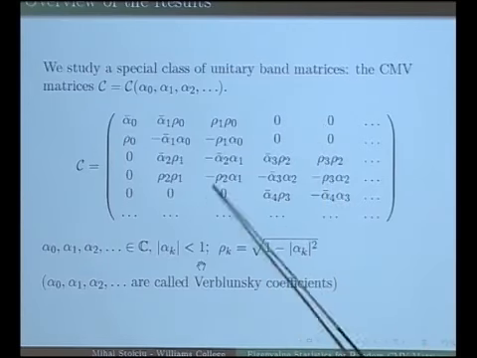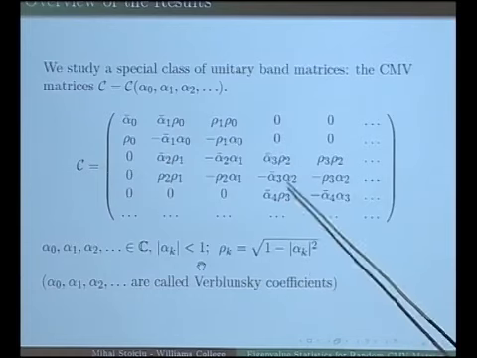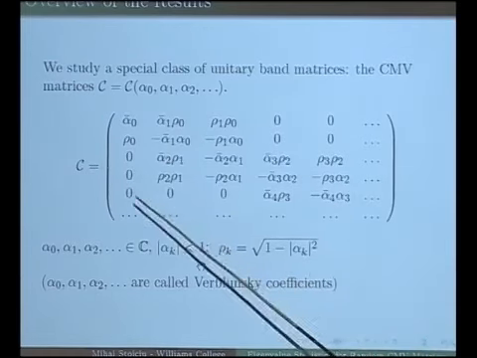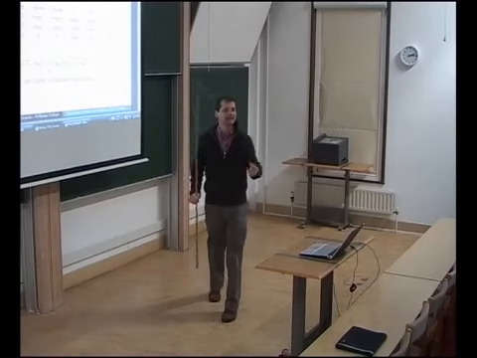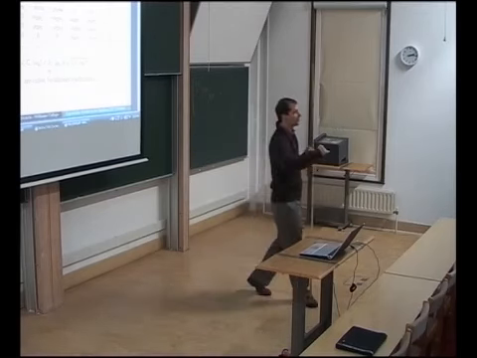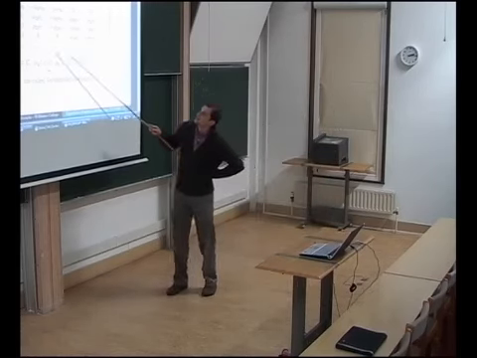With unitary matrices, there's always a problem. If we just cut the upper left corner, this could be not even normal. So we have to be very careful. That's a big difficulty in the unitary case, how to truncate and how to take a finite CMV matrix. You want to take a finite one and maintain unitarity.